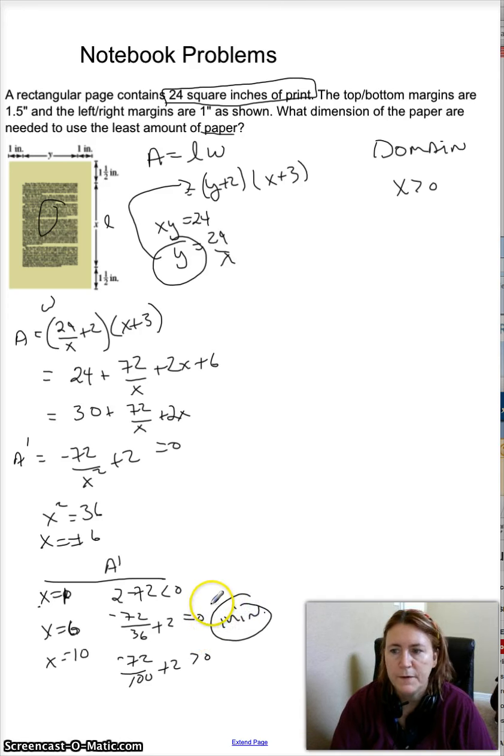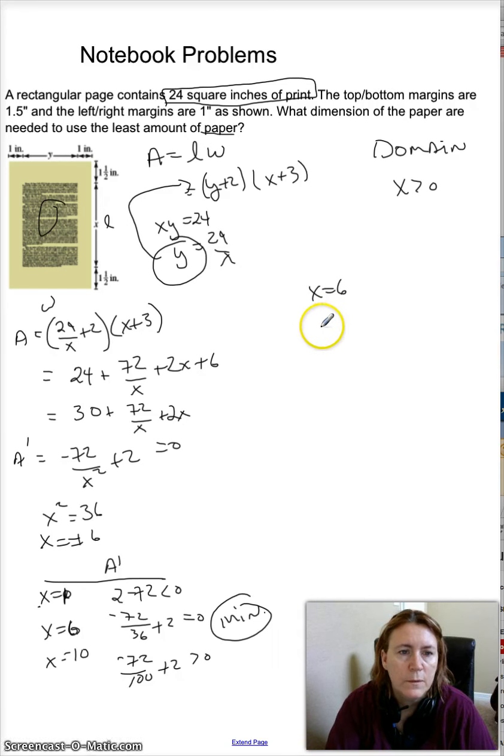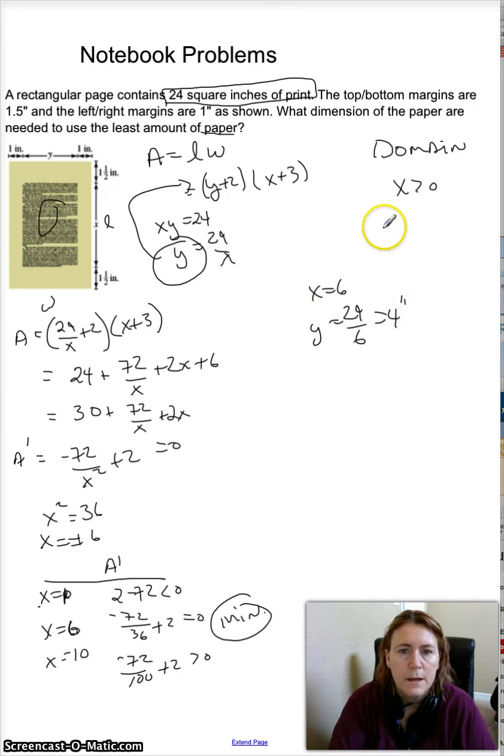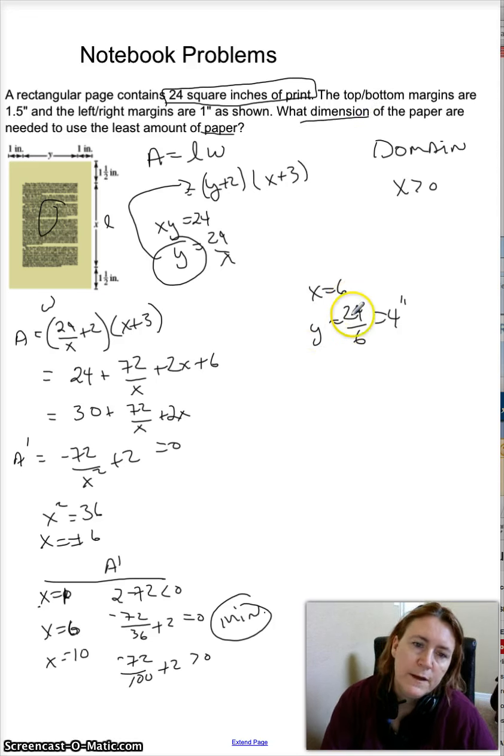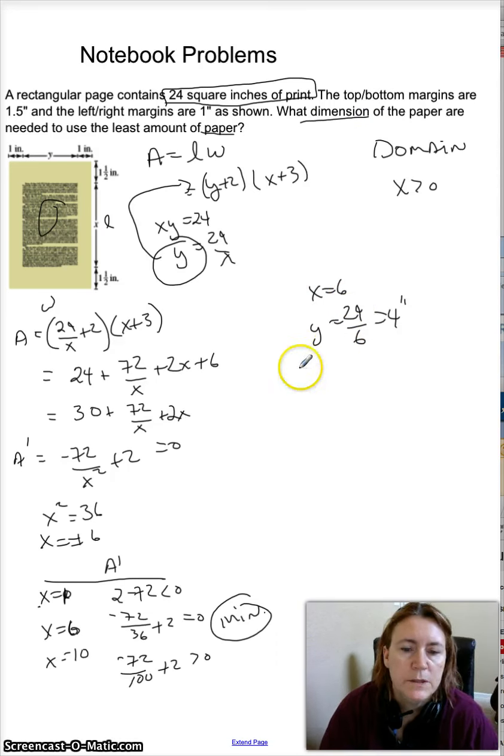All right, so I know I found a minimum. Now, if x is 6, what is y? Well, I know y is 24 divided by 6. So this is 4 inches. So I asked, what are the dimensions of the paper? All right, so I found x and I found y, but I want the dimensions of the paper.